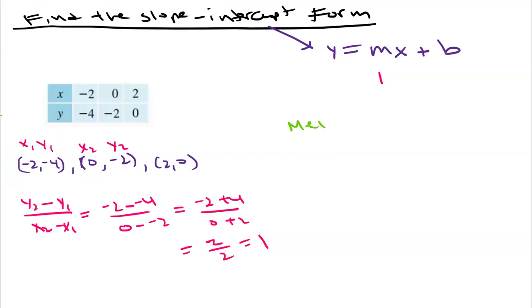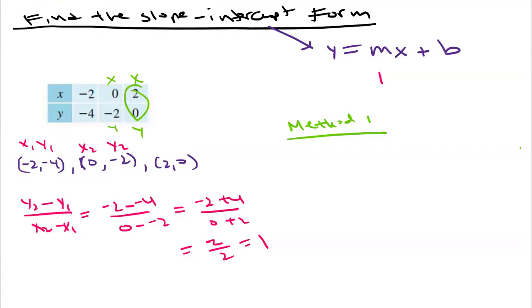Method one: I already know what my m is. I just need to find b. And we can also get x and y because that's what these are, right? This is an x and this is a y. I'm going to choose these two points.